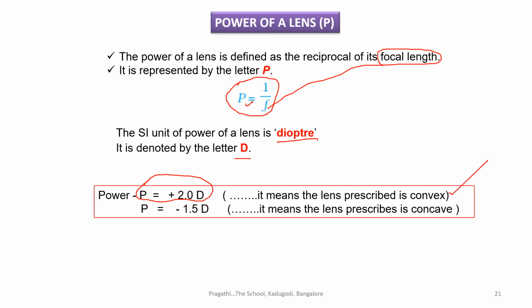The lens the human wears will be thicker. By seeing the spectacles, we can find out whether it is concave or convex. So if plus 2D is given, it is convex lens. If it is minus 1.5D, it means the lens prescribed is concave lens.